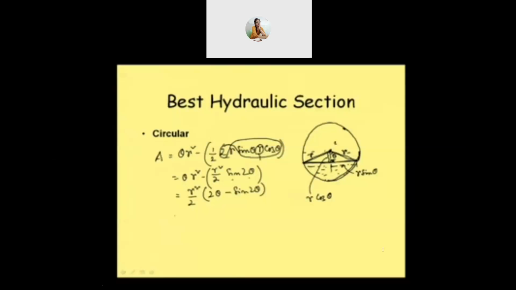So we are clubbing twice sine theta cos theta as sine twice theta, and then we have this expression. That can now be written as r square by 2 into twice theta minus sine twice theta. Well, this is the expression for area.